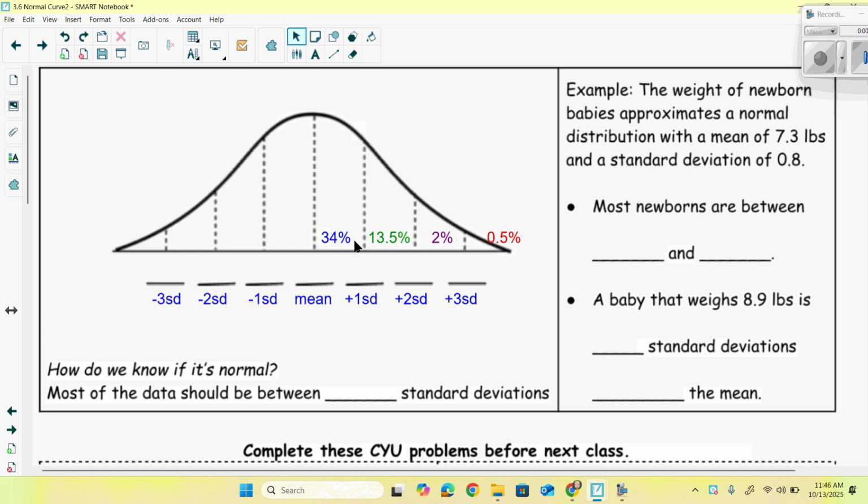So the first standard deviation away from the mean accounts for 34%, both left and right. So a total of 68% of the data is within one standard deviation.